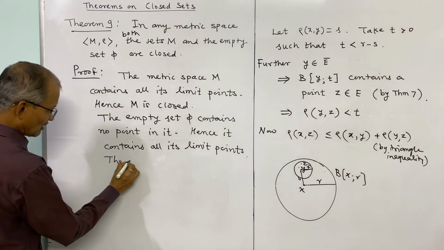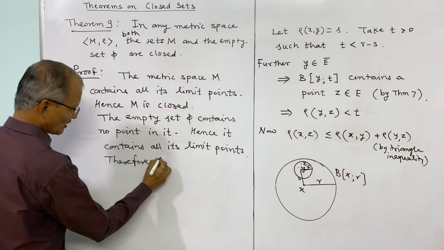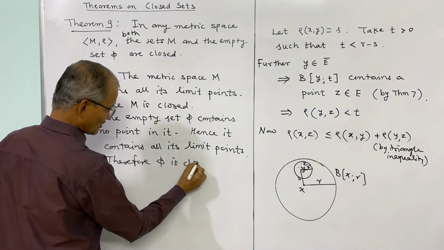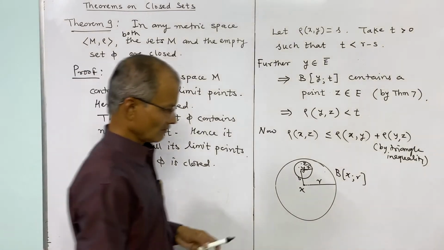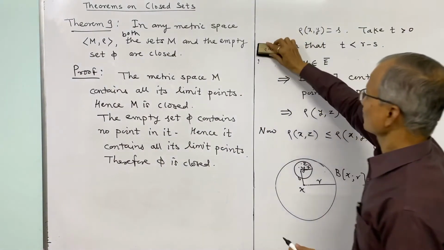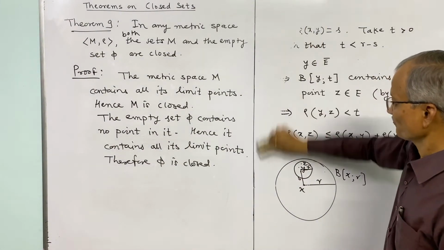Therefore phi is closed. So this is the meaning of why M is closed and phi is also closed.